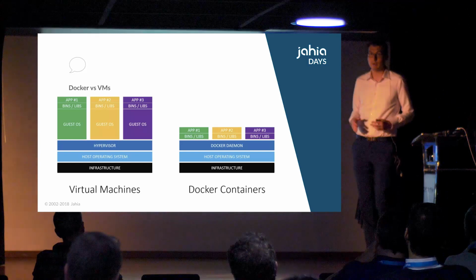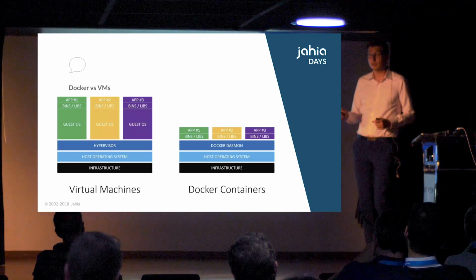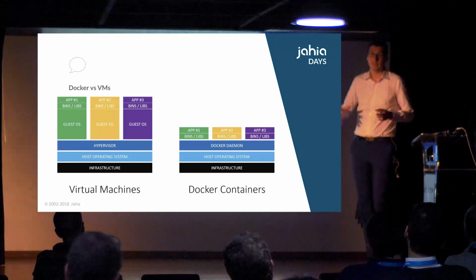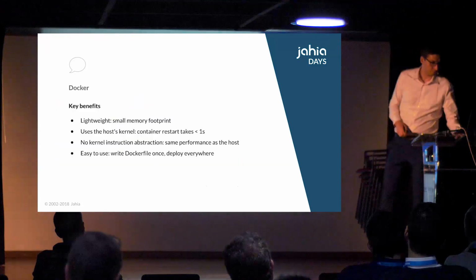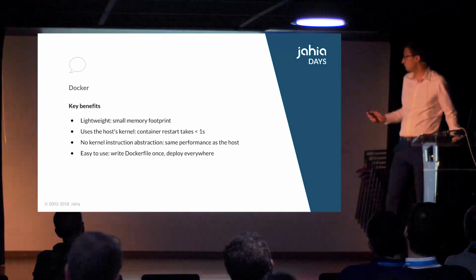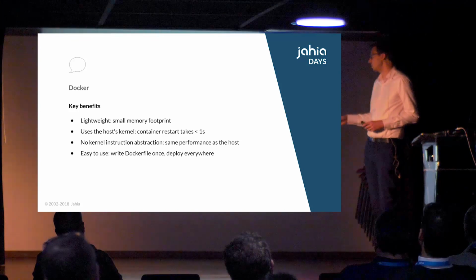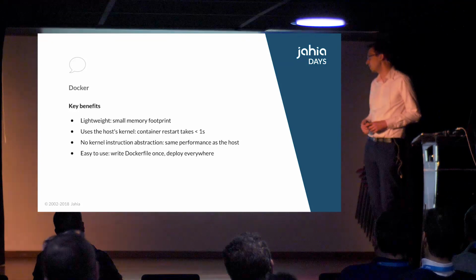So you're actually saving memory, and Docker images usually weigh around 20 meg to 1 gig, depending on the size of the application inside it. So again, restarting it takes less than a second. No kernel instruction abstraction. We've talked about it.